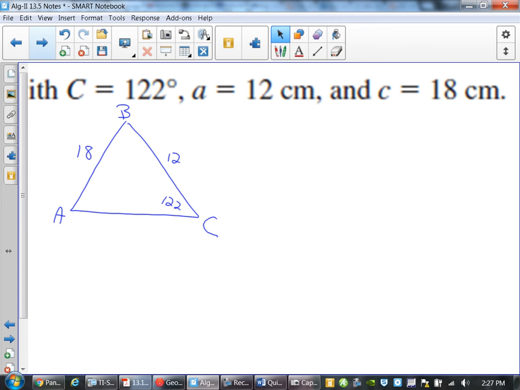Do I have an angle and a side opposite it? Yeah. Which means now I can go ahead and solve. So, what am I going to solve for first? Angle A. Very good. The reason I'm going to solve for angle A first is because I have the side opposite angle A.